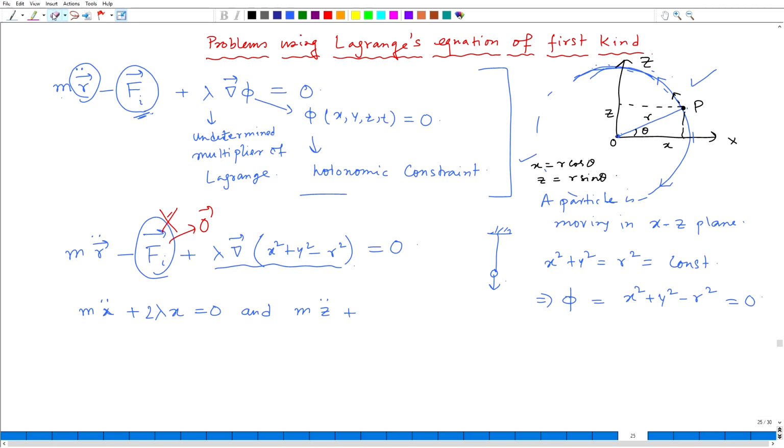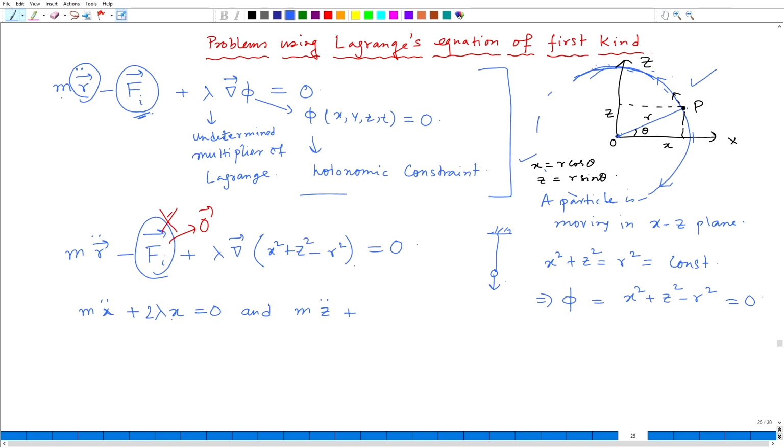Instead of writing z, I have written y everywhere. I will simply change that to z. Yes, okay, and here as well.